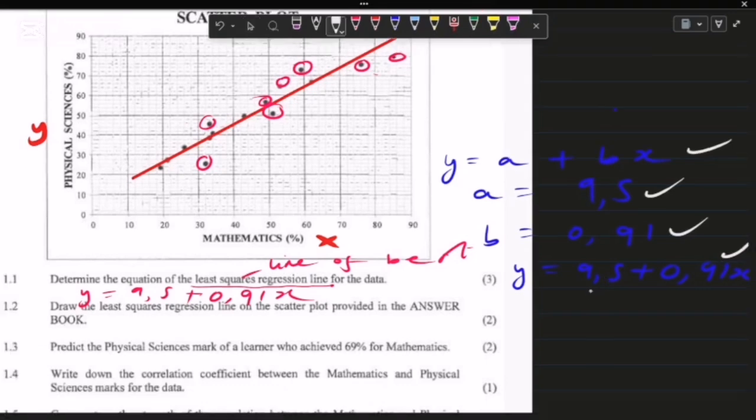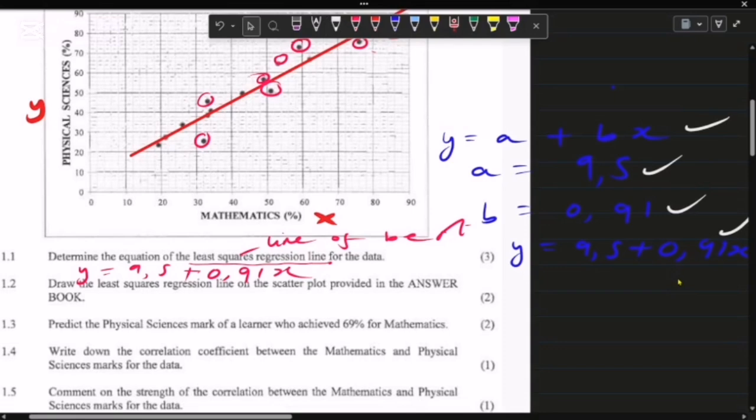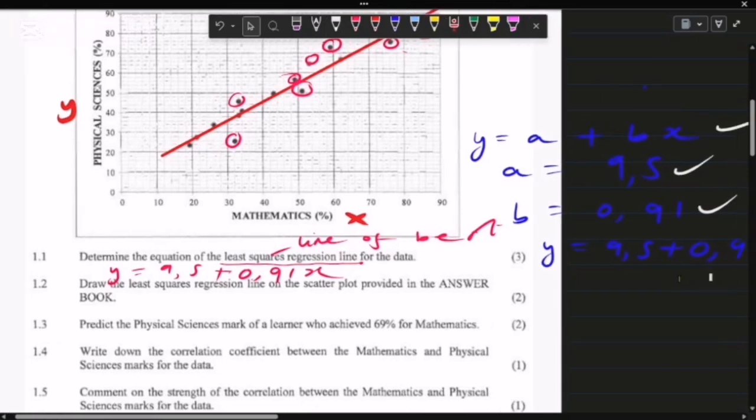So you have to write the value of a separately, the value of b separately, and then at the end combine all of them as one equation to get the entire 3 marks.